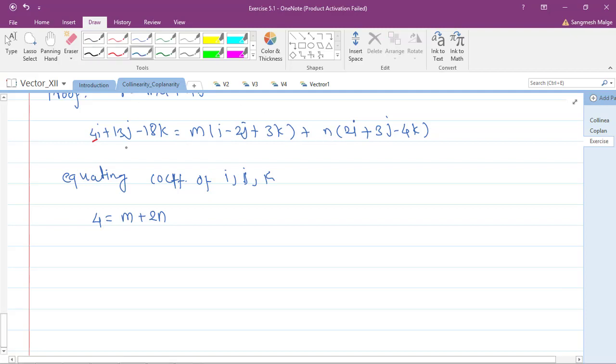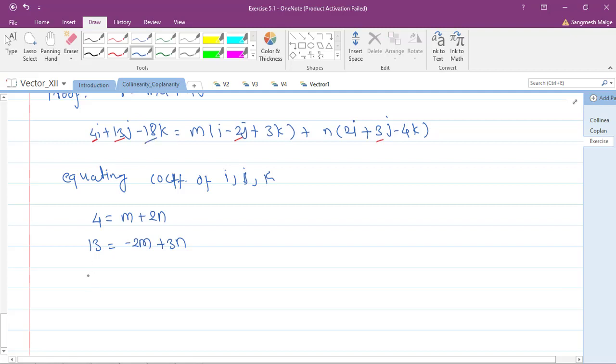Similarly for the second one, 13 equals minus 2m plus 3n. And what about the next?